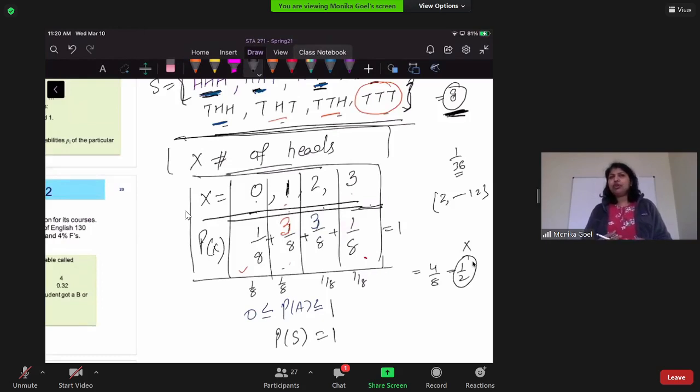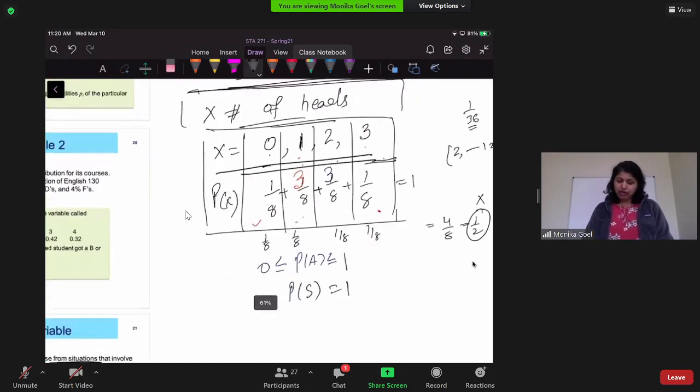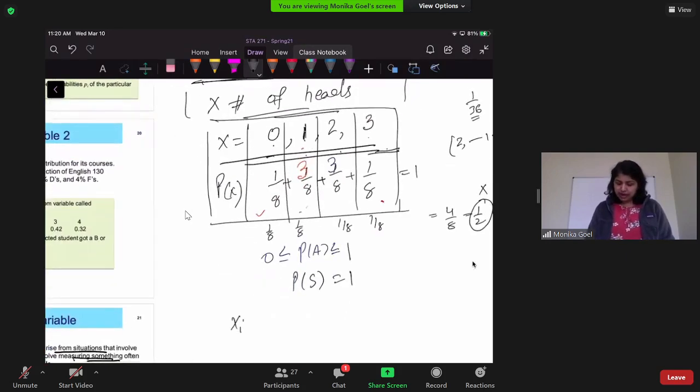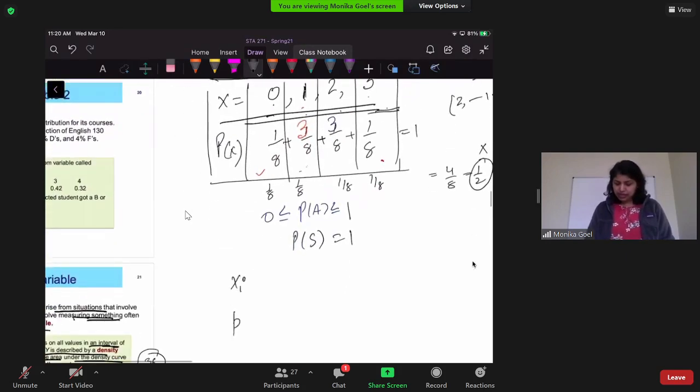So once you know how to find the probability of each outcome from the sample space, you make a table and assign individual probabilities. So we call them xi's, and these are pi's. So this one, let's say, is x1, x2, x3, and keep on going.